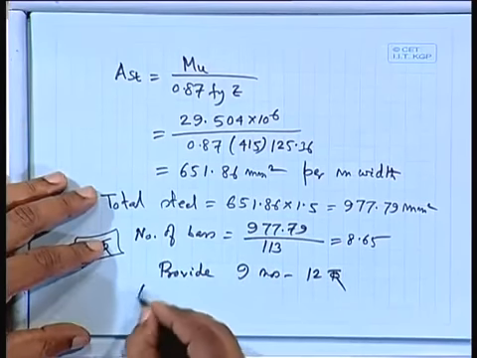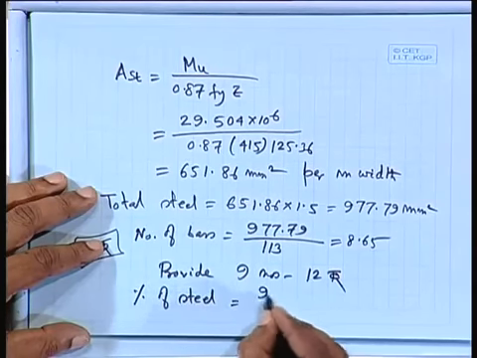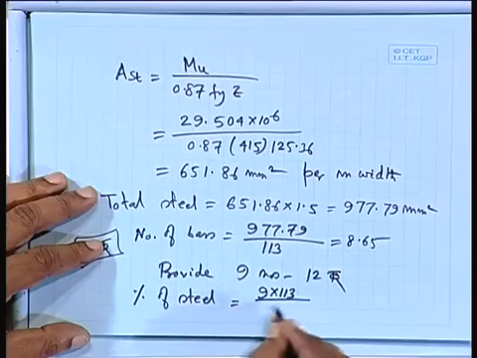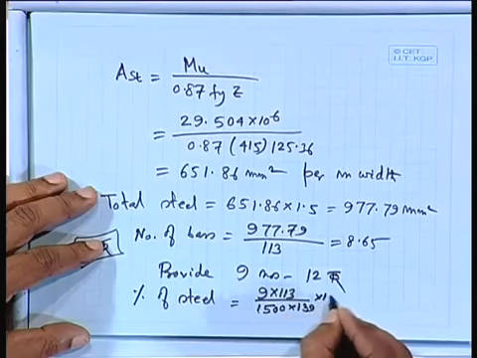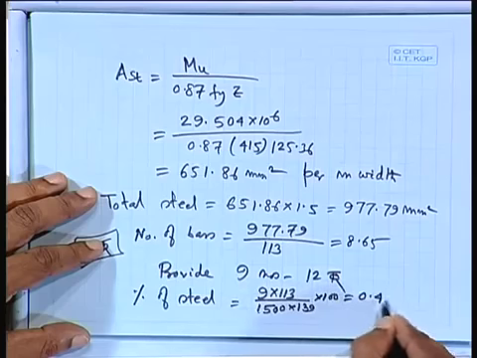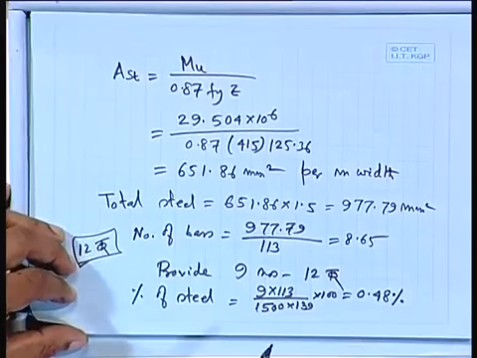What about percentage of steel? 9 into 113 divided by 1500 into 139, this is the width I am talking, and into 100 equal to 0.48 percentage. So percent of steel you have got is 0.48.